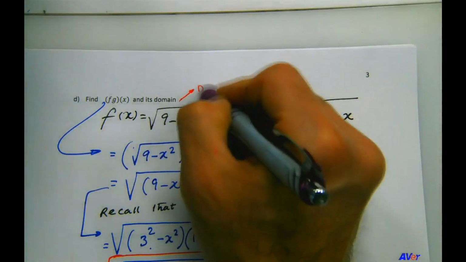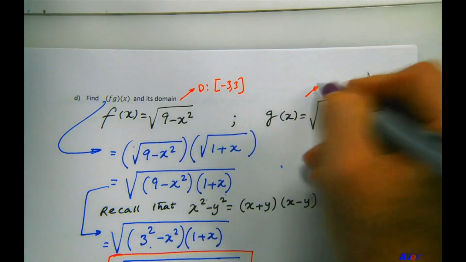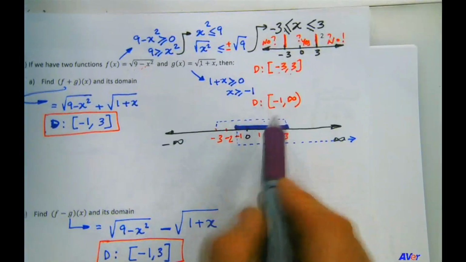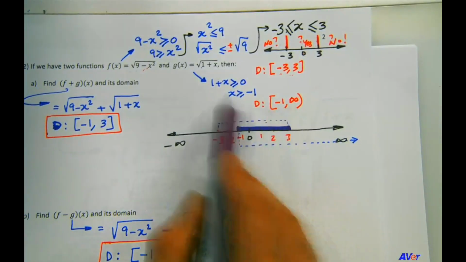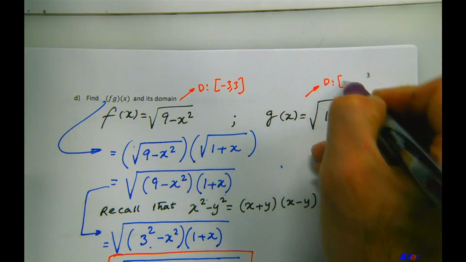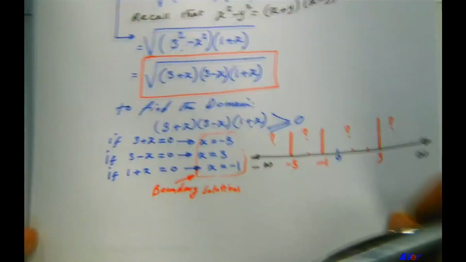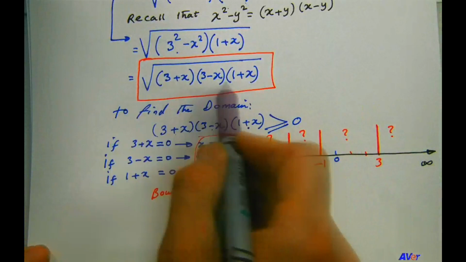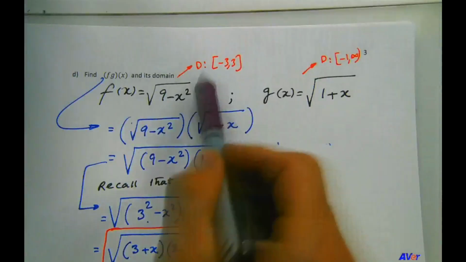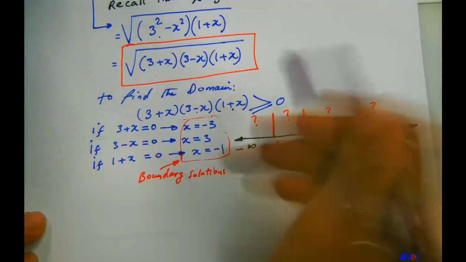The domain of this one was bracket -1, infinity, right? So what we're doing now is we're going to find the domain of the combined function and then compare it with the domains of the parent functions to see where they overlap. And that'll be the final domain of the combined function.